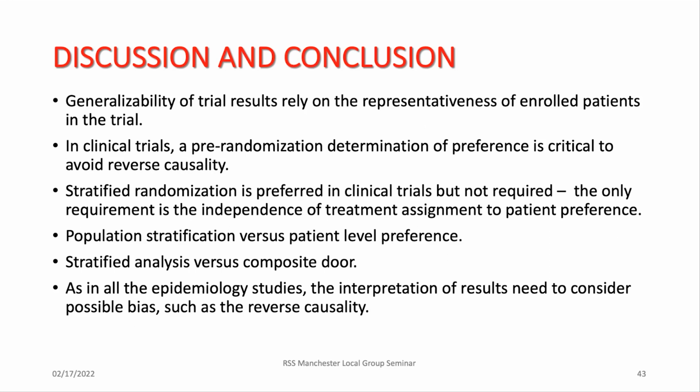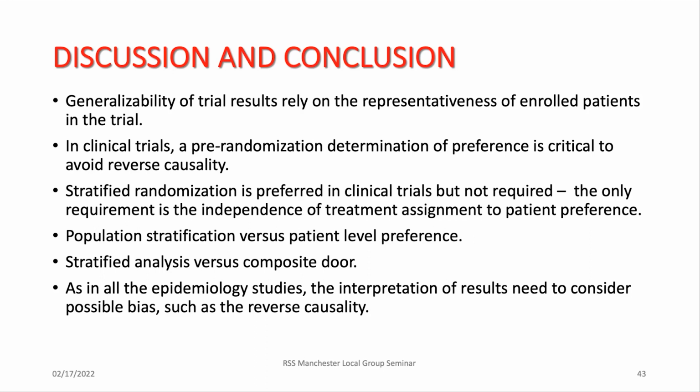The key part here is the outcome variables. The preference will not depend on the outcome that you're going to evaluate. So simple stratified randomization will ensure that goal is achieved. And we can also do high-level population stratification instead of patient preference.